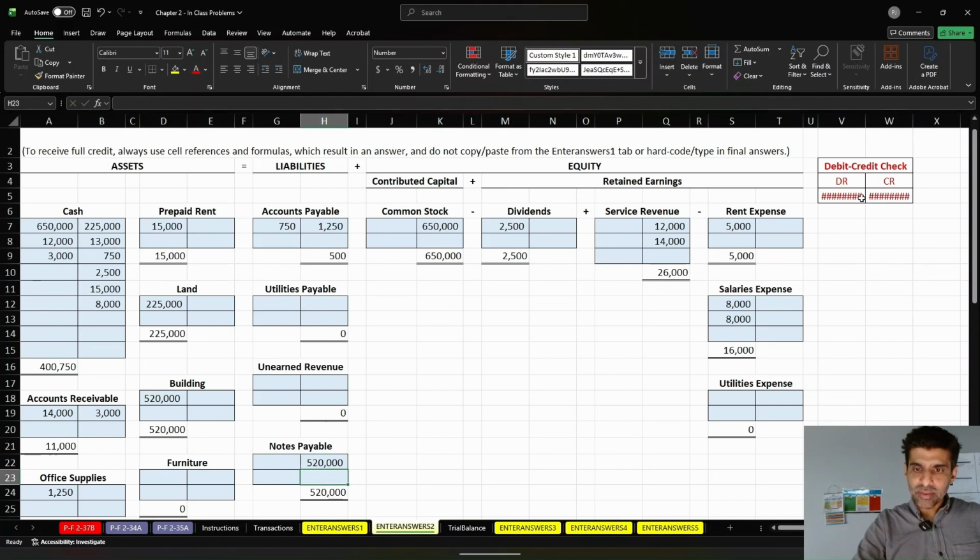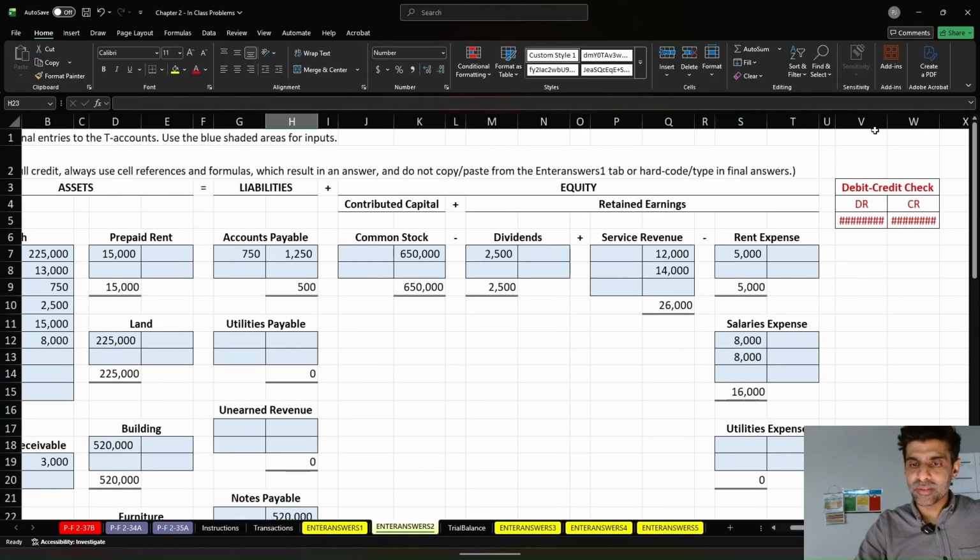And now, when you see these little number signs, it just means that the column is not wide enough to display the number. So you can go up here and drag the column a little wider. You can also just double click on the border and it will automatically resize the column so that it can display. Okay, so we see that we're still balanced.